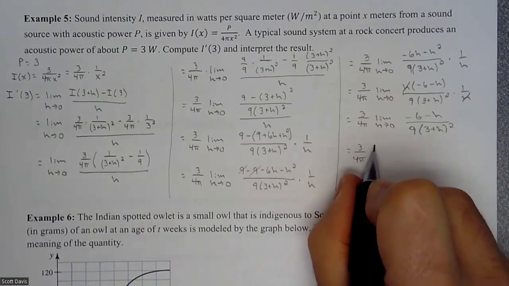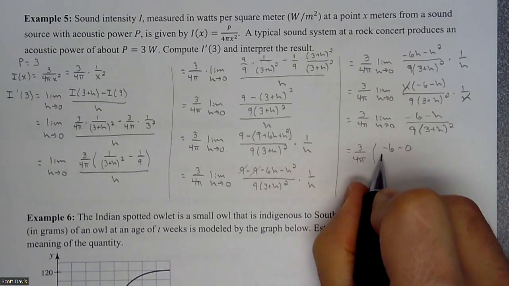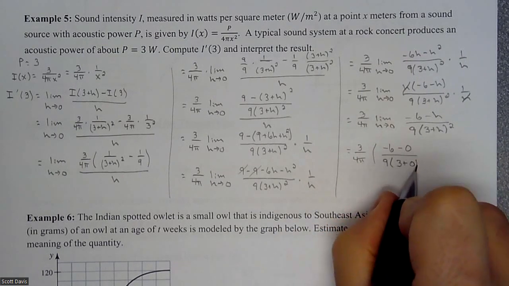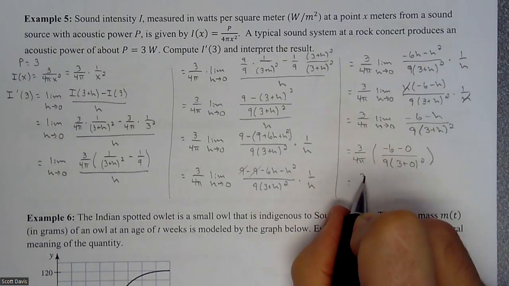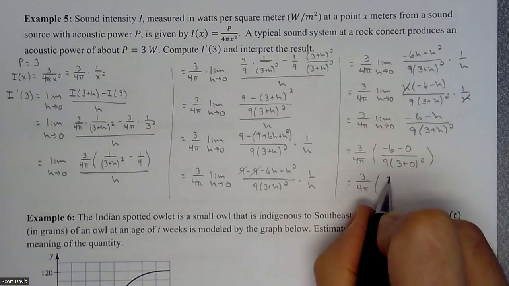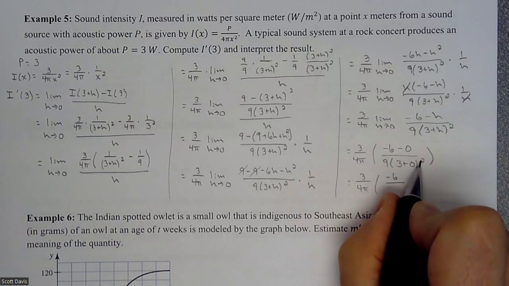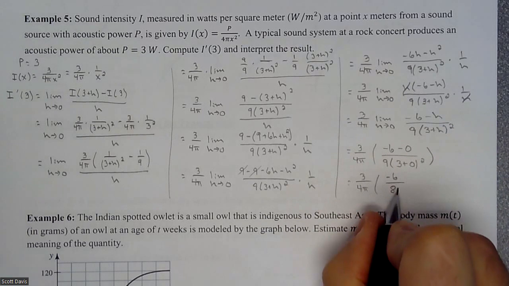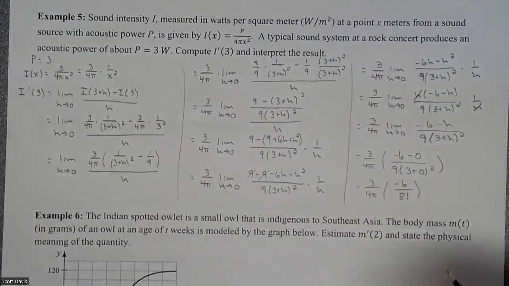So we're looking at negative 6 minus 0 divided by 9 times (3 plus 0) squared. So 3 over 4 pi, we have a negative 6, and 3 squared is 9, times the 9 is 81. And then I can put these fractions finally together and talk about what our answer is.